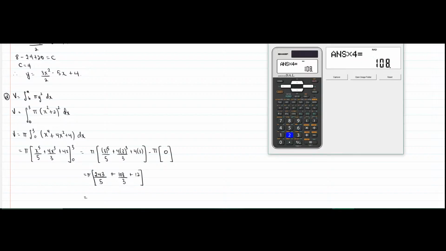And this is equal to 243 over 5 plus 108 over 3 plus 12, which is 96 and 3/5. 96 and 3/5 pi cubic units.